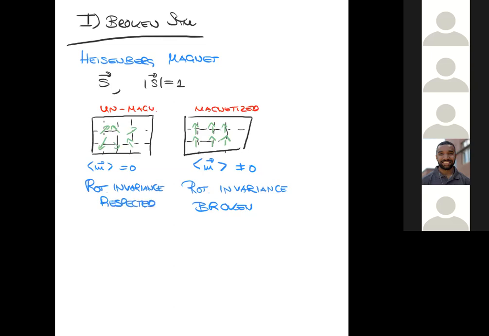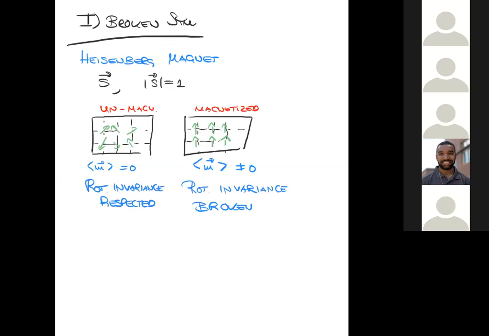Now, it's still true, of course, that if you zoom in on any given neighborhood, the spins are pointing in some direction, but no neighborhood is somehow special. On average, they all look the same, okay? And the mean magnetization is just 0, so there's no preferred direction in the system.